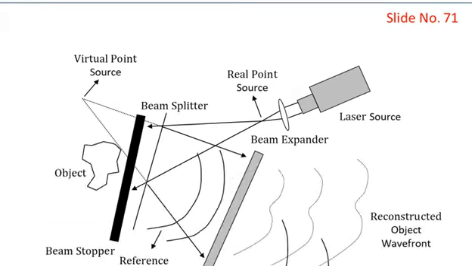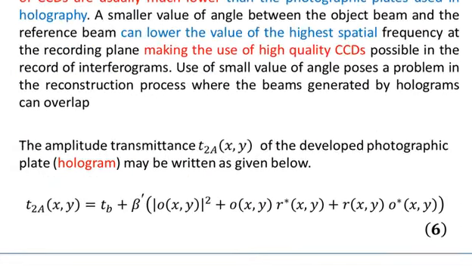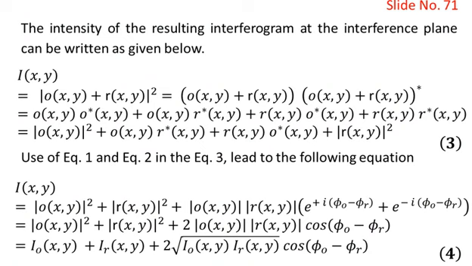So you see that we have these four terms as they appear from equation number 3. We want these four terms to be well separated from each other. The first term, that is O mod square and R mod square, will travel along the same direction, but the other two terms will be traveling in opposite directions. So we need these two terms to be separated from each other and also from the central terms.